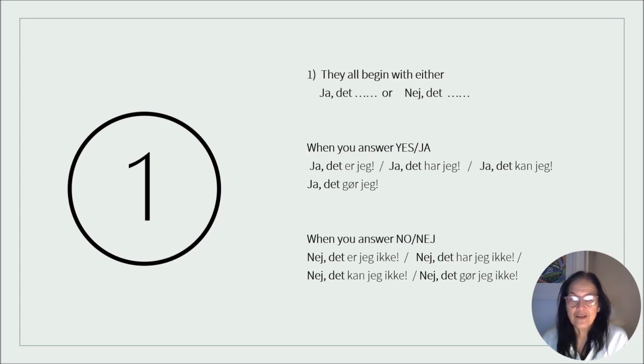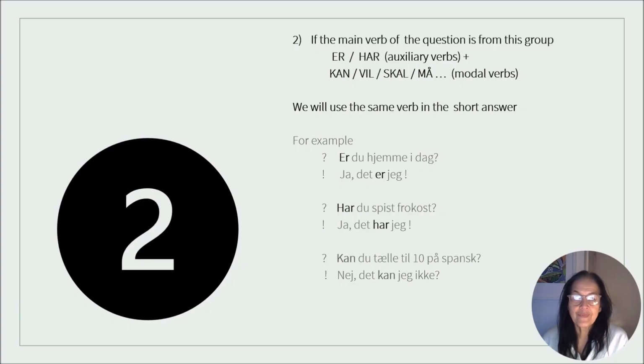So rule number 2 is, if the main verb of the question is from this group, er og har, which we call auxiliary verbs or hjælpeverber, or kan, vil, skal, må, which we call modal verbs or modalverber, then we will use the same verb in the short answer.